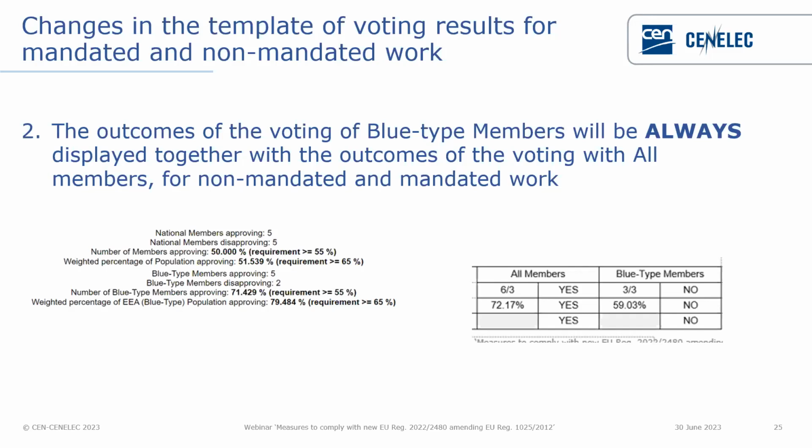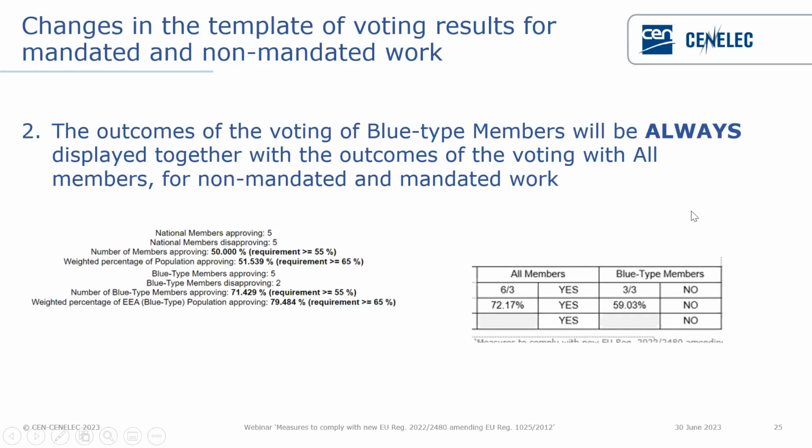From tomorrow, also for non-mandated work, you will always have the double counting, but the approval criteria for non-mandated work do not change. And the same goes for the CENELEC voting result, where you will always find blue type members.